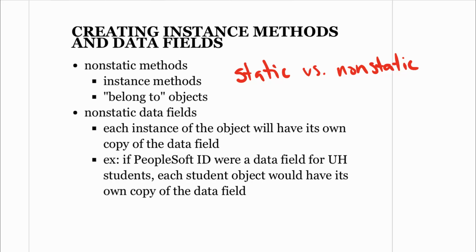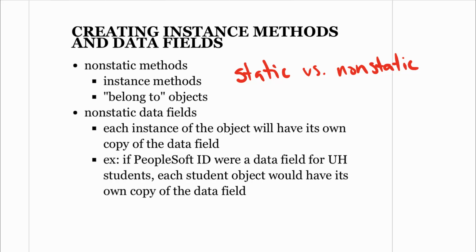And so what static means is that a method or an attribute is going to stay the same amongst all instances of that class. So every time you see the word static, just know that every method or every attribute that is static is shared amongst all instances of that class.